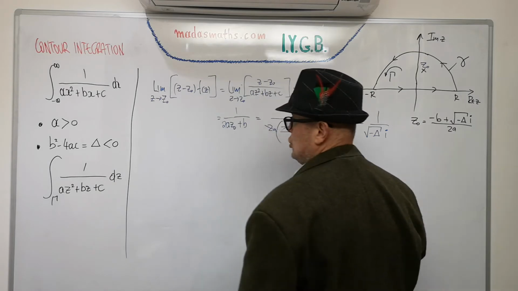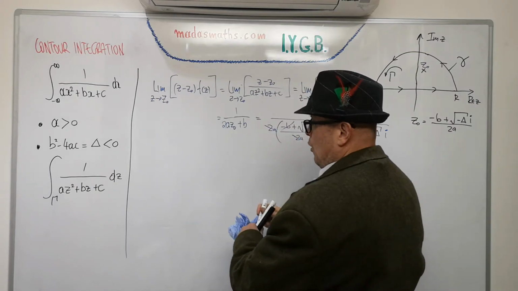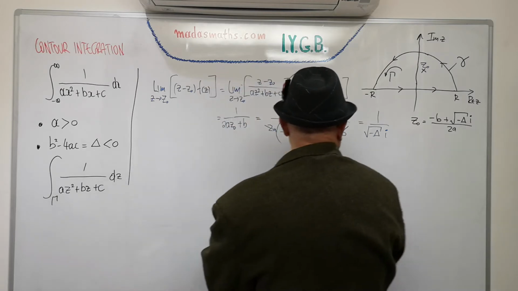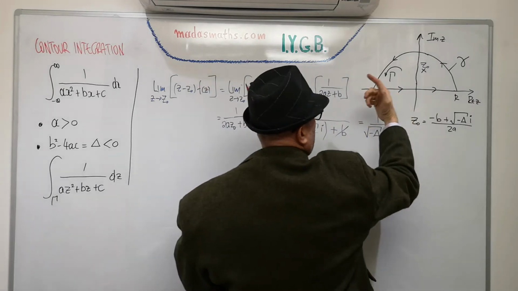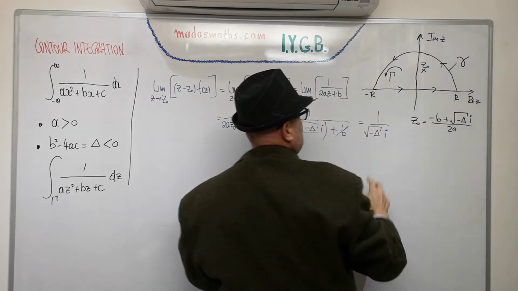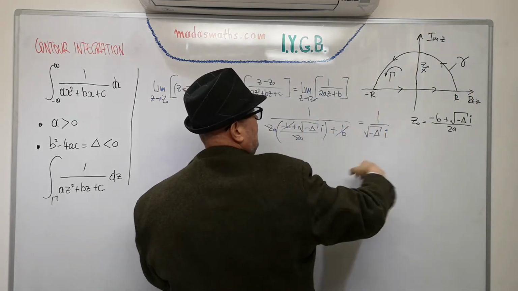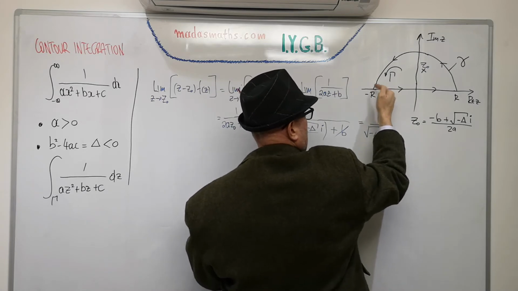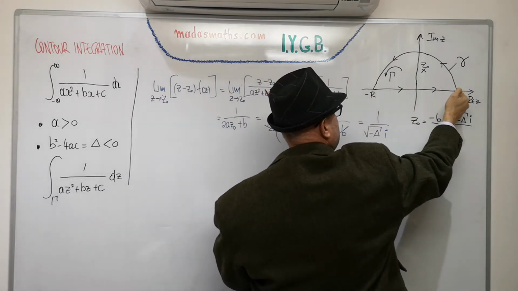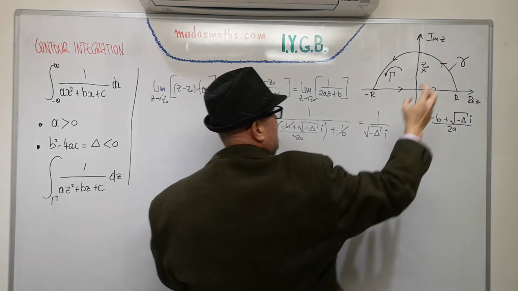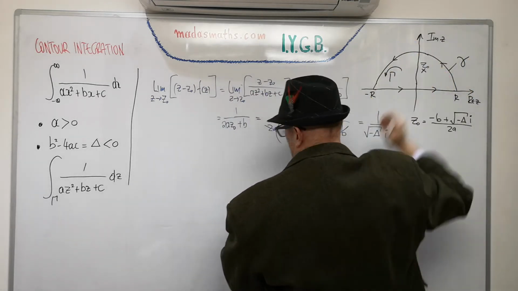So I'm going to make some room on this side of the board and write what I would normally be writing. At this stage I would have said, okay, therefore the integral around gamma is 2 pi i times this, and I'm going to write it afterwards as two separate integrals. The integral from minus R to R plus the integral around little gamma is of course exactly the same quantity, and then I'm going to show this bit here goes away.